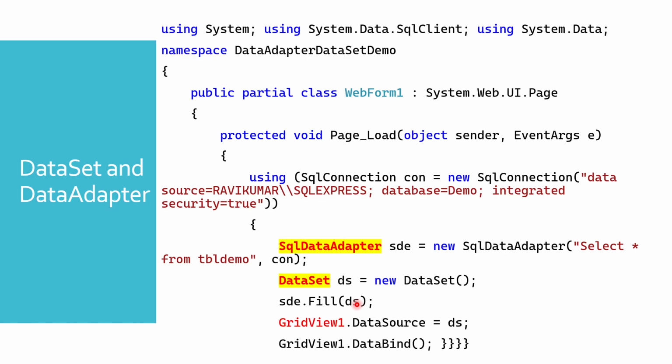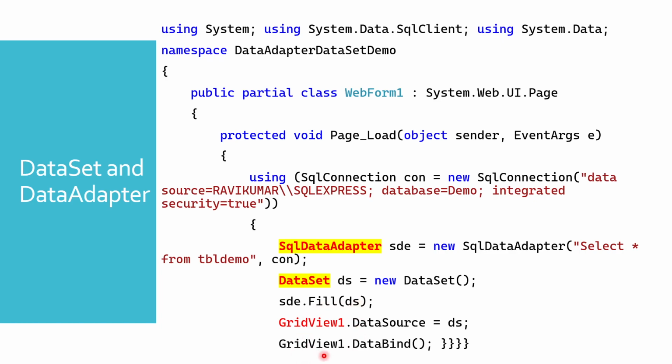So whenever we need a record, we can fetch it from the data set directly, not from the database table. That is why we call it disconnected architecture. But the thing is that we will not get the updated records. If you need the updated records, at that moment you need to establish the connection, fetch the updated records, and fill the data set again. And from the data set, we can fetch the records. So it is something like that.